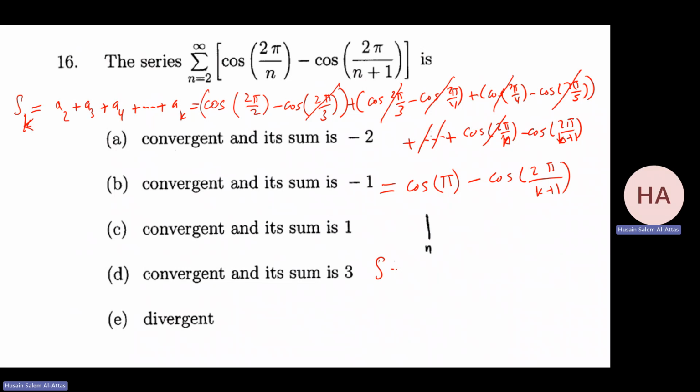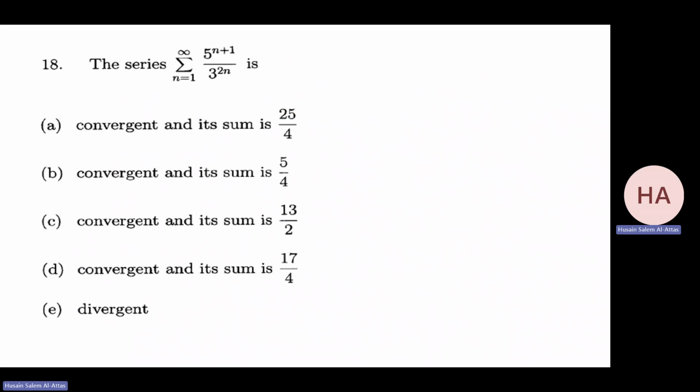So what will be S will be the limit as k goes to infinity of Sk. Cosine pi is minus 1. So that will be minus 1 minus, as k goes to infinity, 2 pi over infinity, which is 0, minus cosine 0, which is minus 1 minus 1, that will be minus 2. And that will be the answer. So it converges and its sum is minus 2.